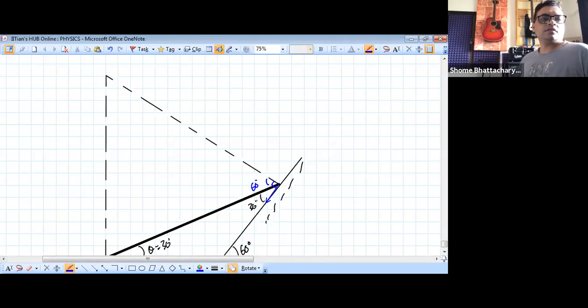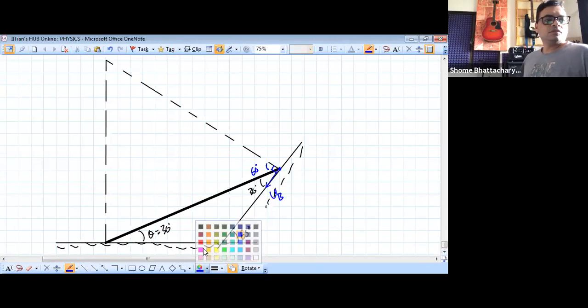And similarly, this end of the rod, the velocity is in this direction.